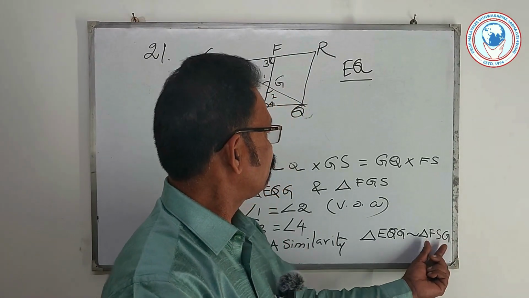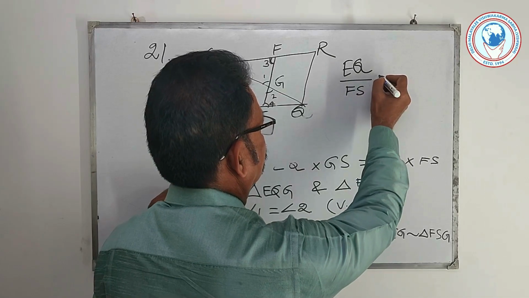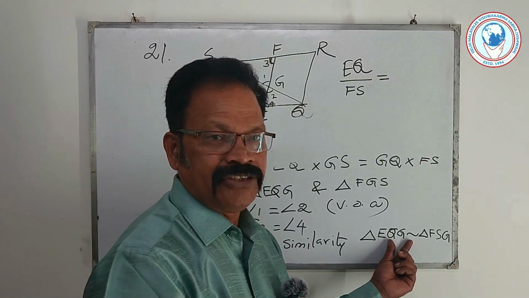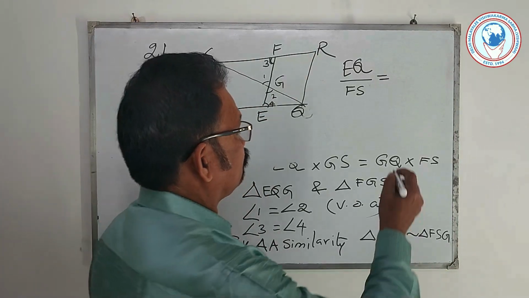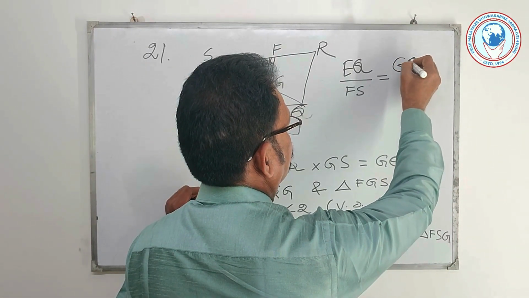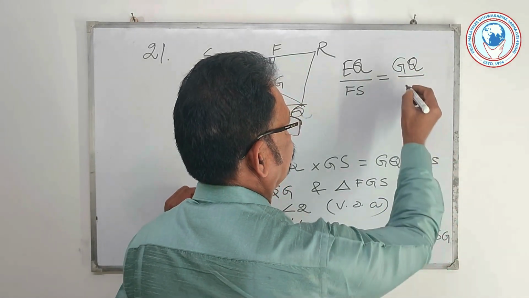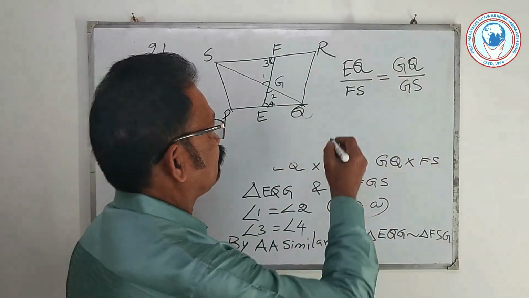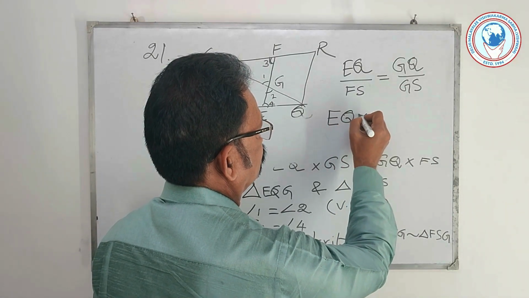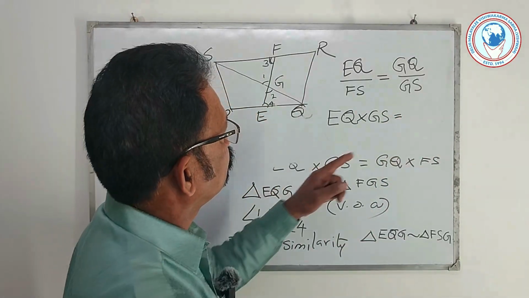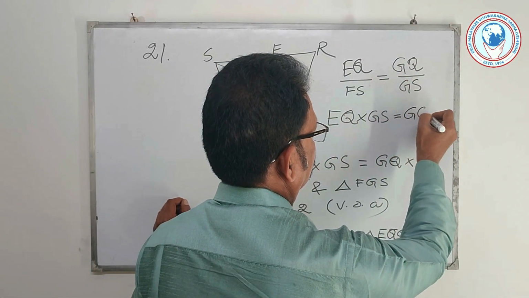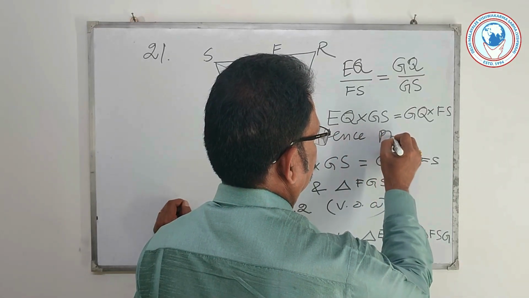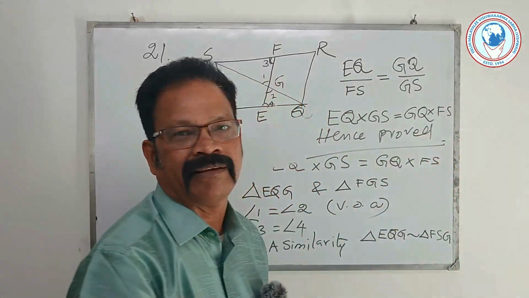EQ divided by FS equals GQ divided by GS. Cross multiplying. Hence proved.